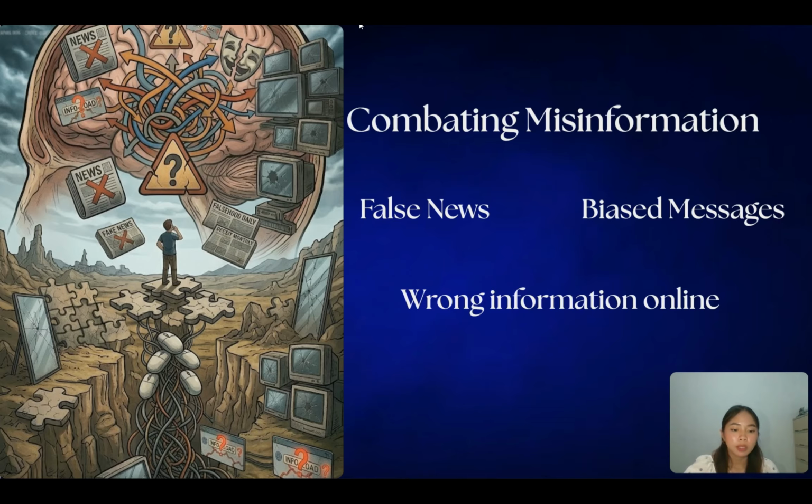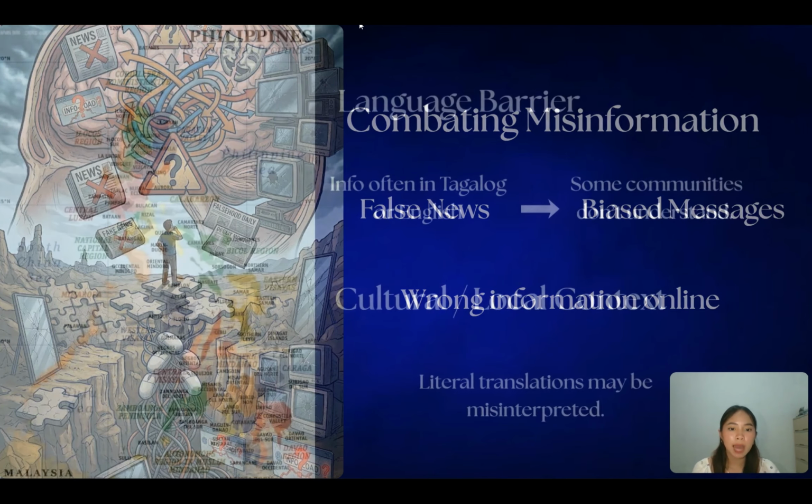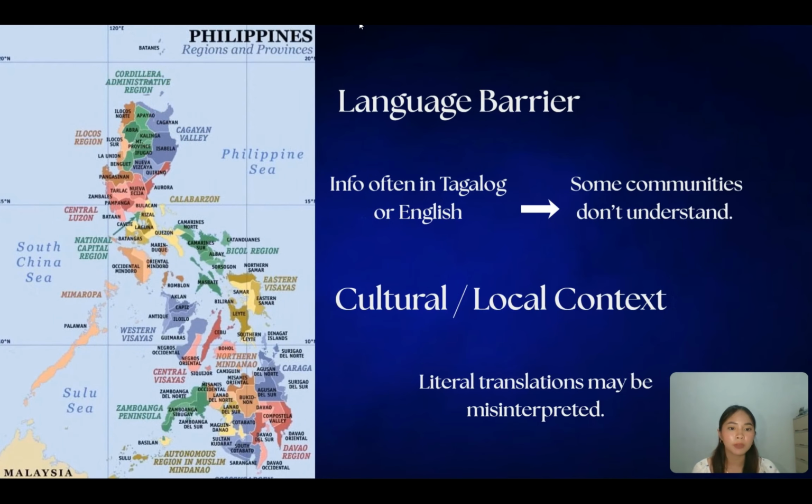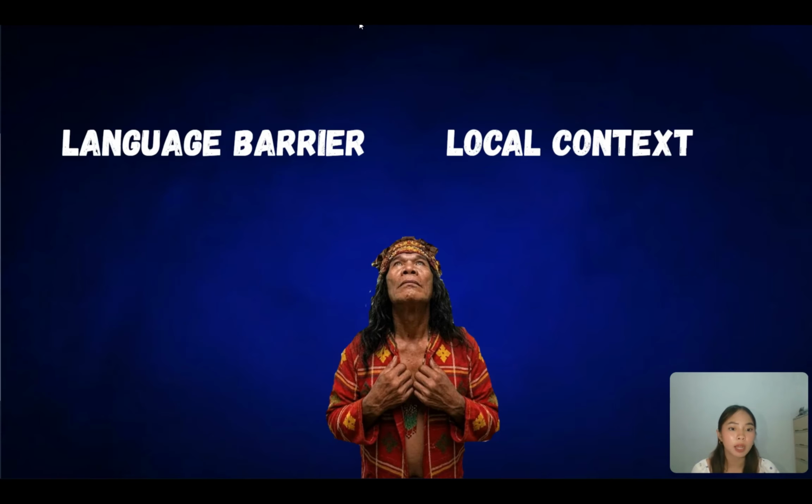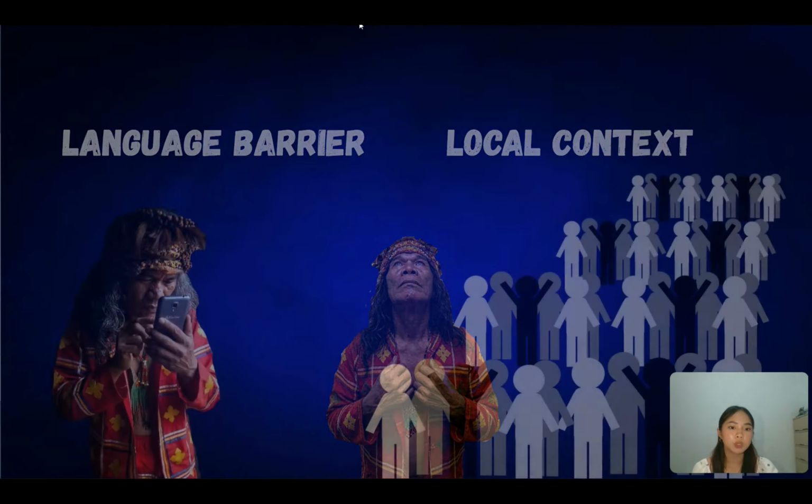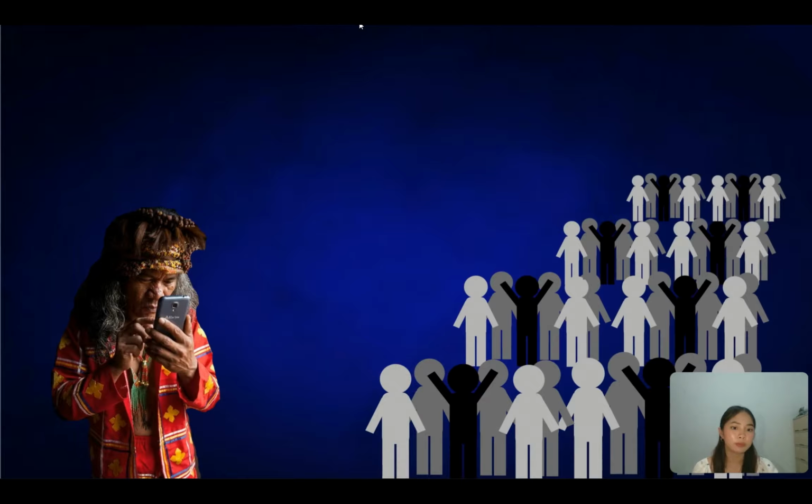Now, this happens because of the language barriers and the lack of local context. If the facts are only in English, people will trust the fake news written in their native languages.